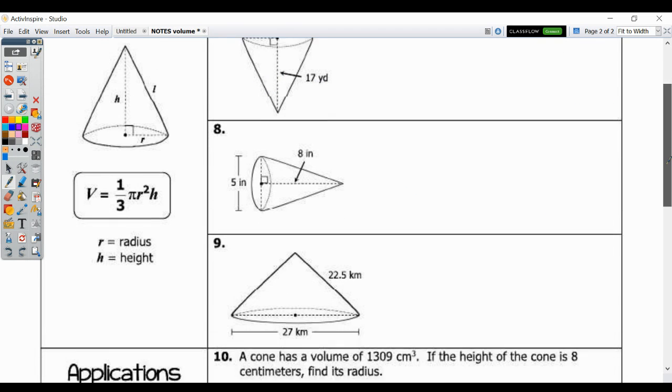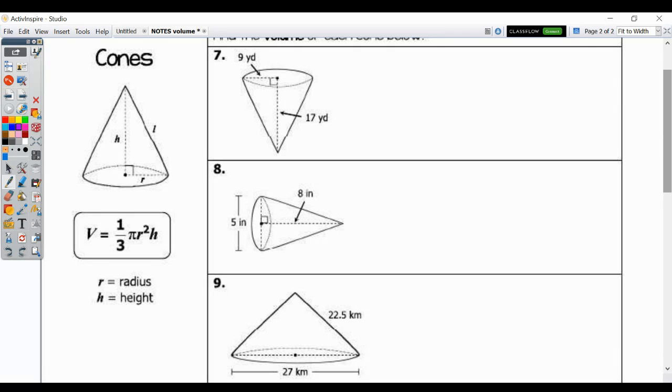Cones. The formula for volume of a cone is going to be 1/3 times pi r squared h. The r is going to stand for radius, and the h is going to stand for the height. So if I was working out number 7, I would look at it and say, okay, what kind of 3D shape is it?